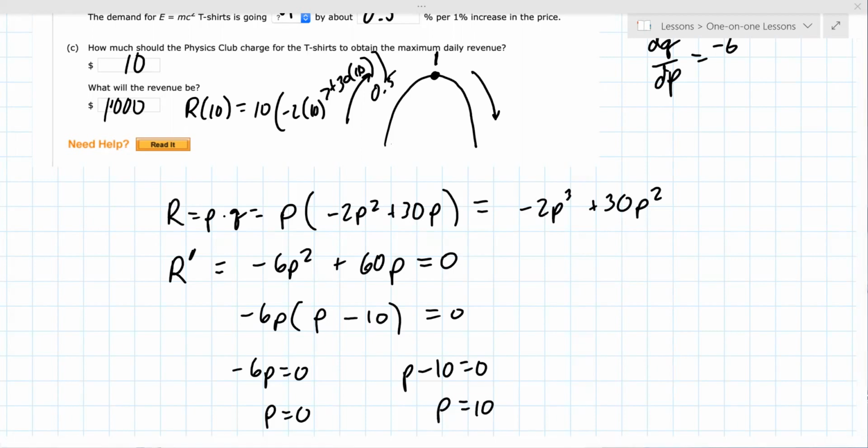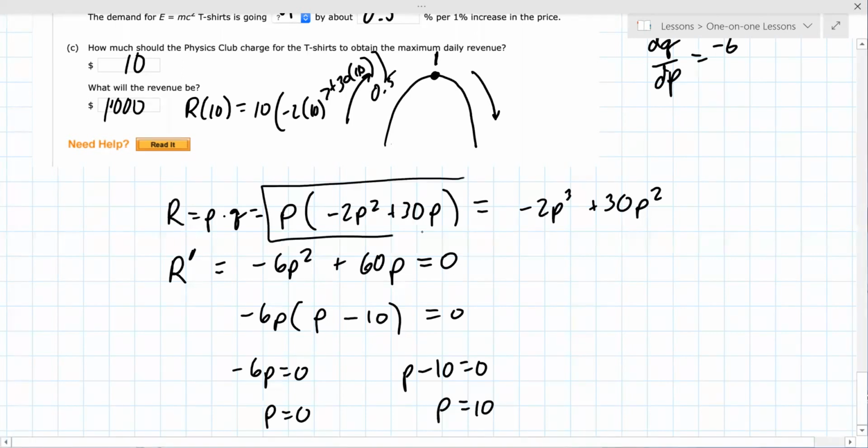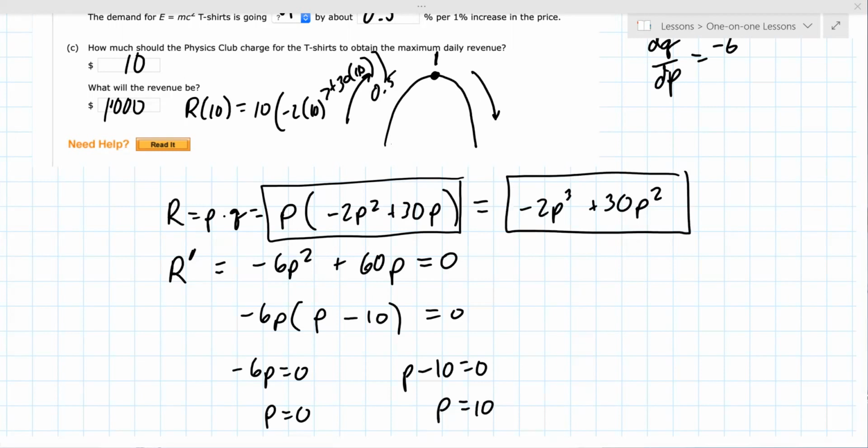Hold on, I think I'm confused. Where'd you, like, it says 10 times -2. Well, I'm putting it into this formula here. This is the revenue formula. Or this one over here also would be the same.